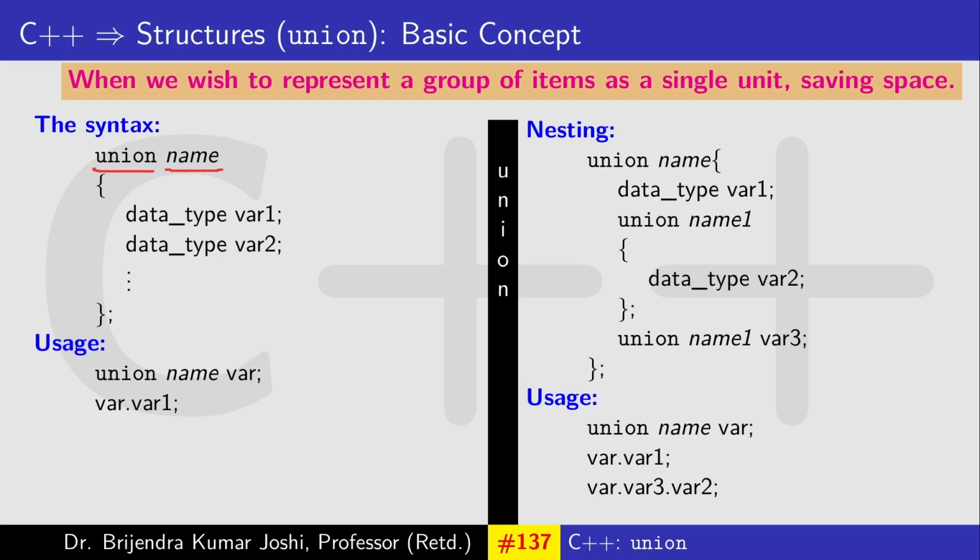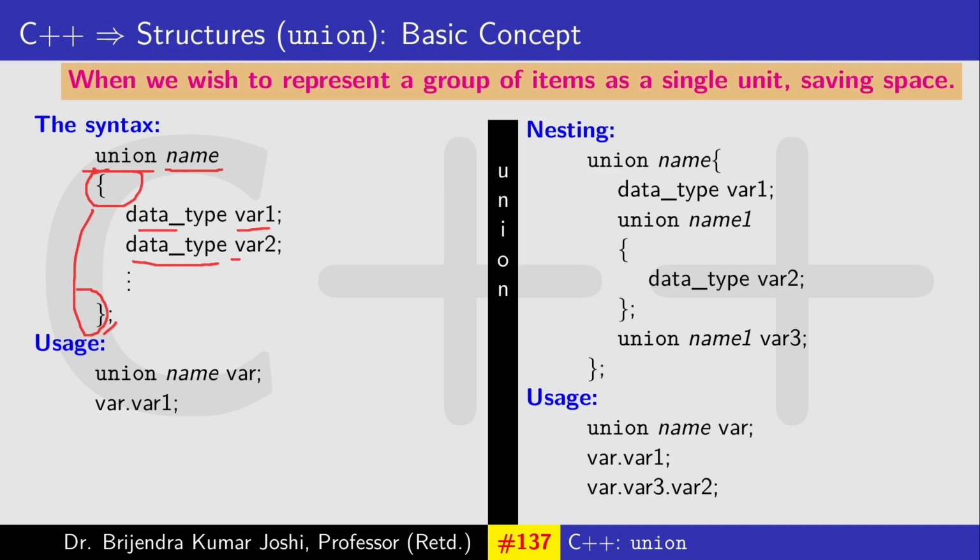Then some name which must be unique in the scope, a pair of braces, followed by a semicolon, the statement terminator, and within this pair of braces you can have as many variables of different or same data type as you require.